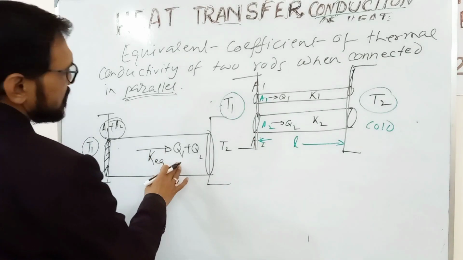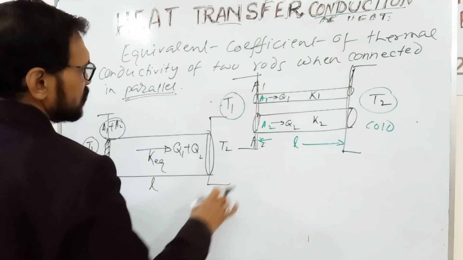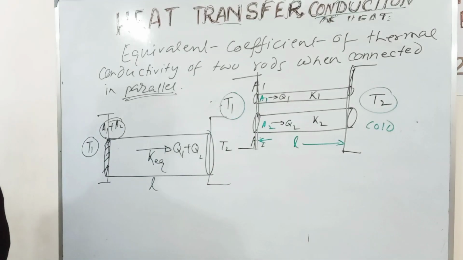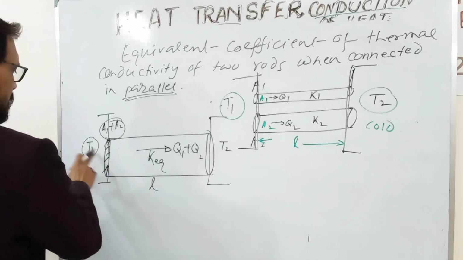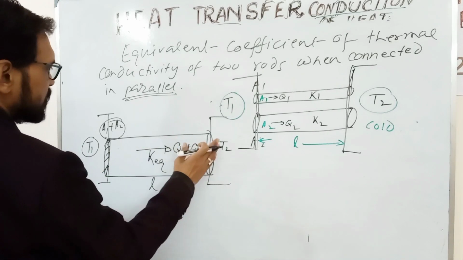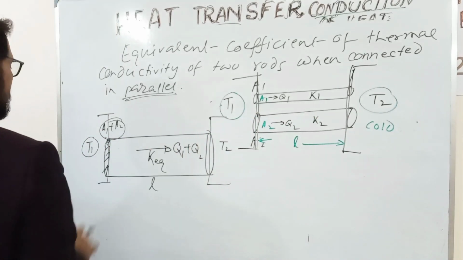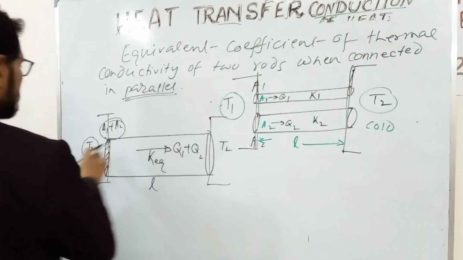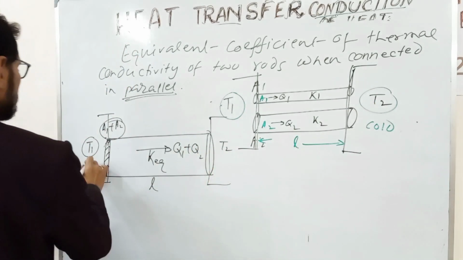Then this rod is said to be the equivalent of the two rods. So for equivalence the length must be the same. The single rod must be connected to both the hot and cold reservoirs whose temperatures are also the same, that is, this is T1, this also T1, this is the hot reservoir, cold reservoir T2, this is also T2.